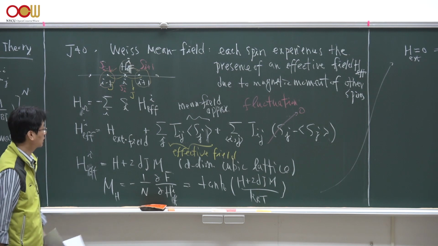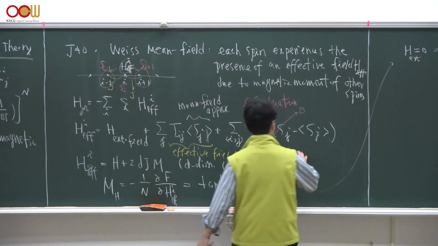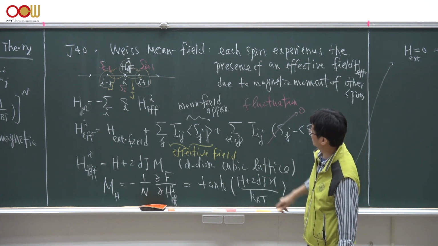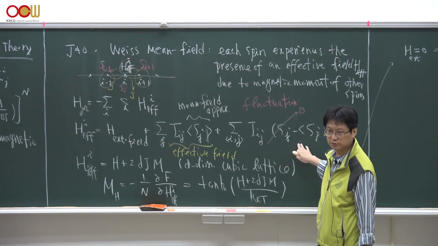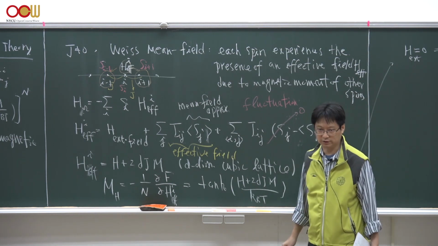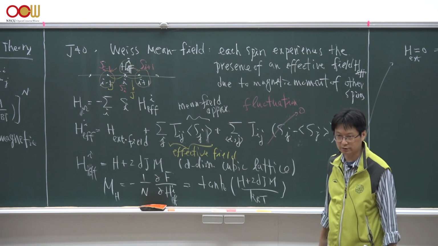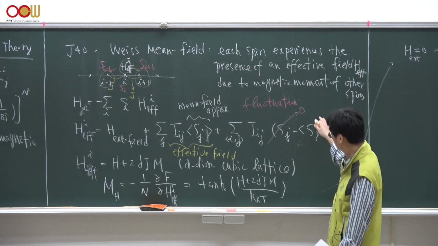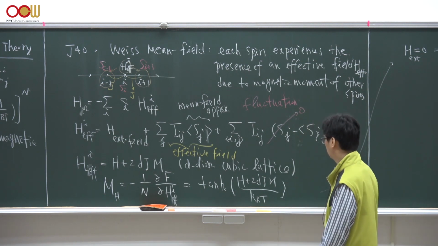But these fluctuations turn out to be very small in some cases. As long as we are under the Weiss mean field approximation, we don't consider the fluctuations because they are neglected. Of course, these fluctuations will become important later on. But here, we simply forget about all the other deviations from the mean field approximation.